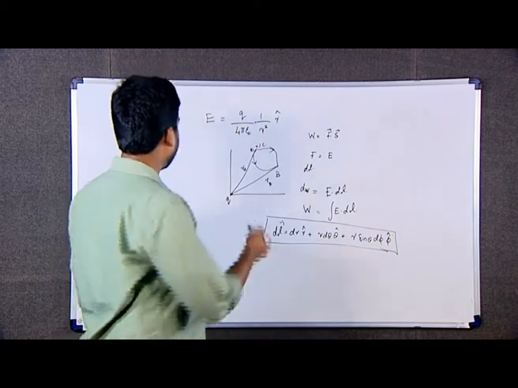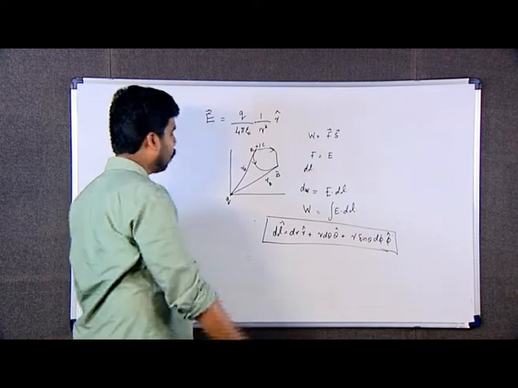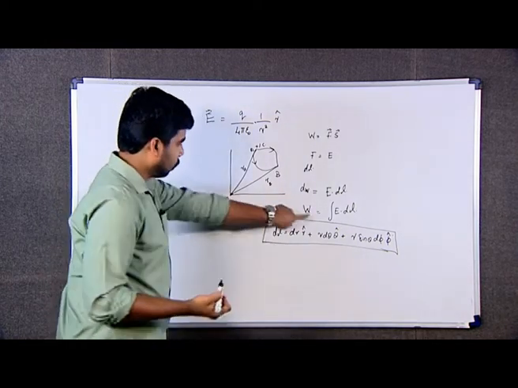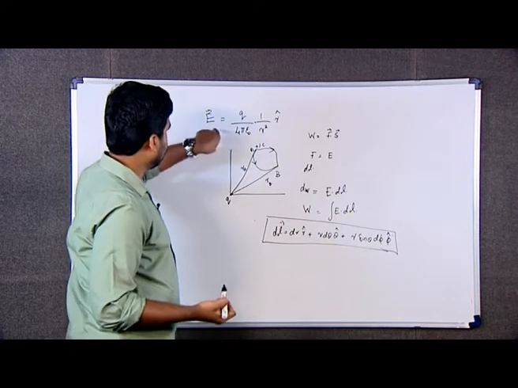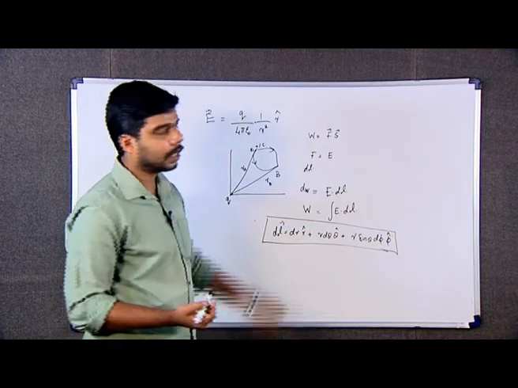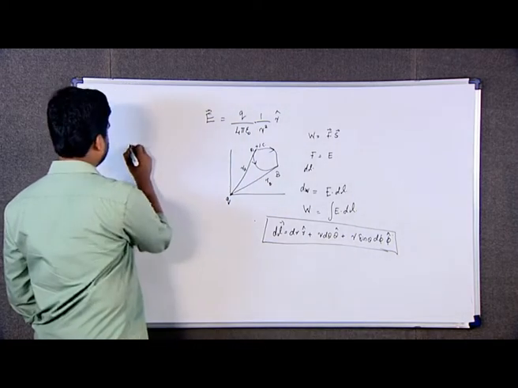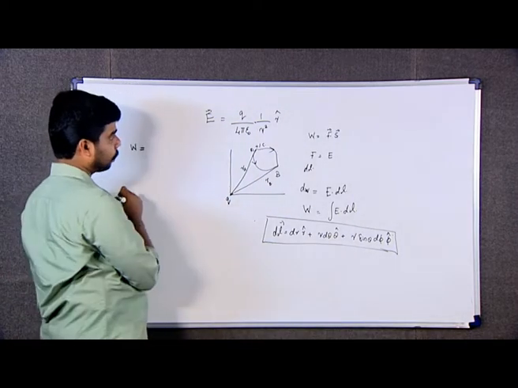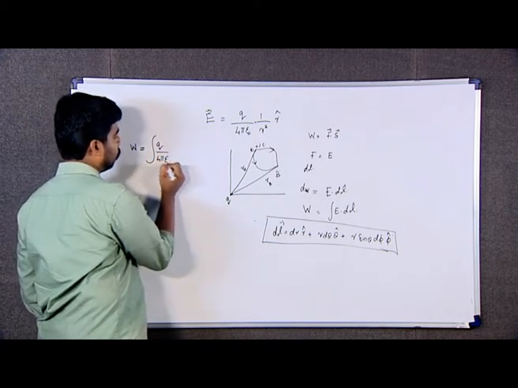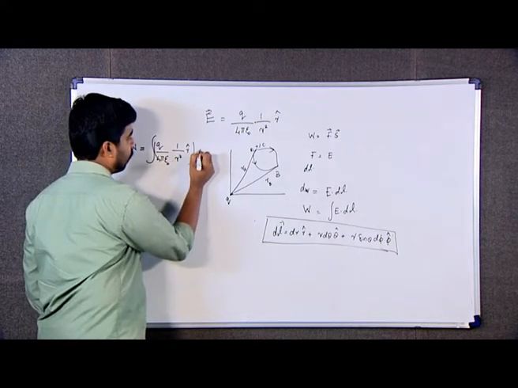We know that E is equal to q by 4 pi epsilon 0 into 1 by r square into r cap. I am substituting this E and the dl equation into the work done, which is equal to the integral of E dot dl. I can write W as the integral of q by 4 pi epsilon 0 into 1 by r square into r cap dot dl.